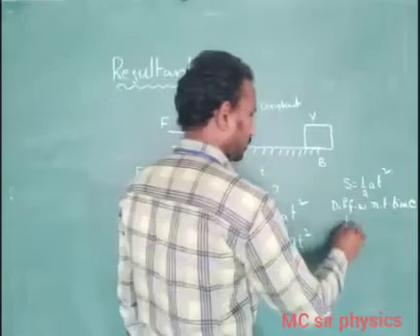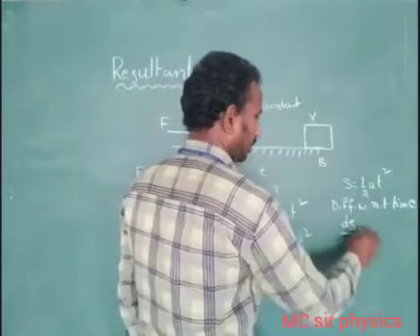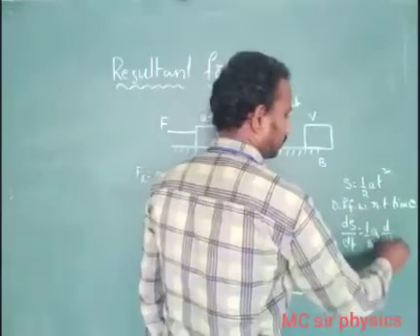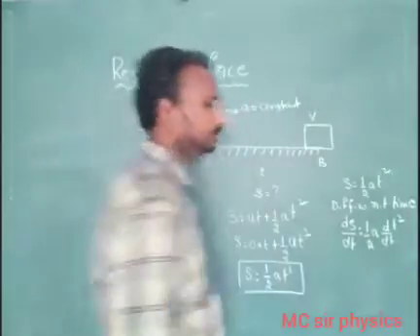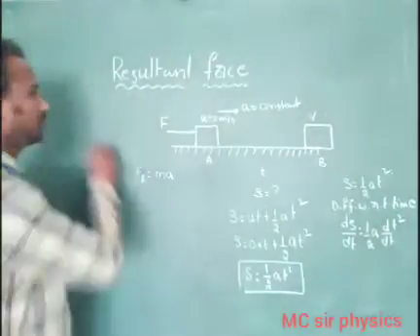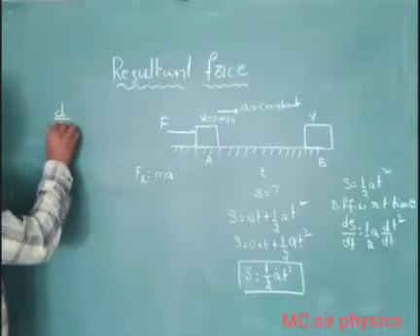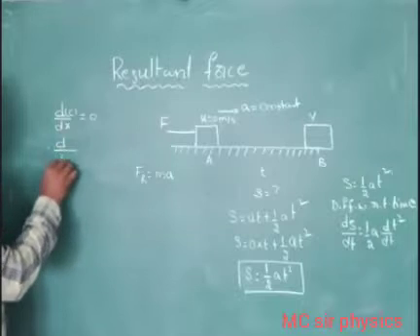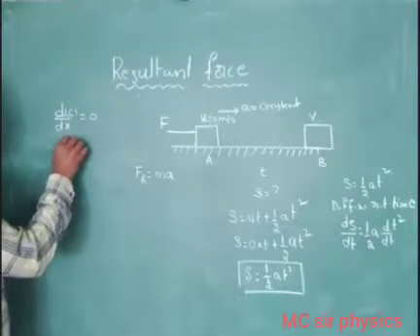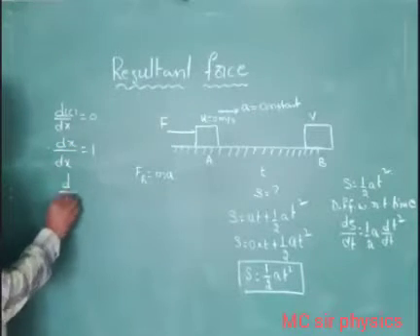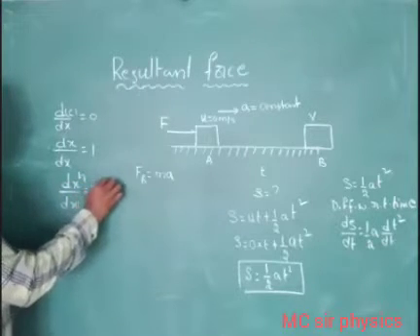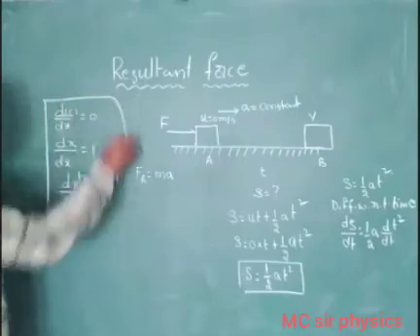What is the formula? ds by dt equals 1 by 2 a into d by dt of t square. I already explained these formulas for you: d by dx of a constant equals 0, d by dx of x equals 1, d by dx of x power n equals n x power n minus 1.